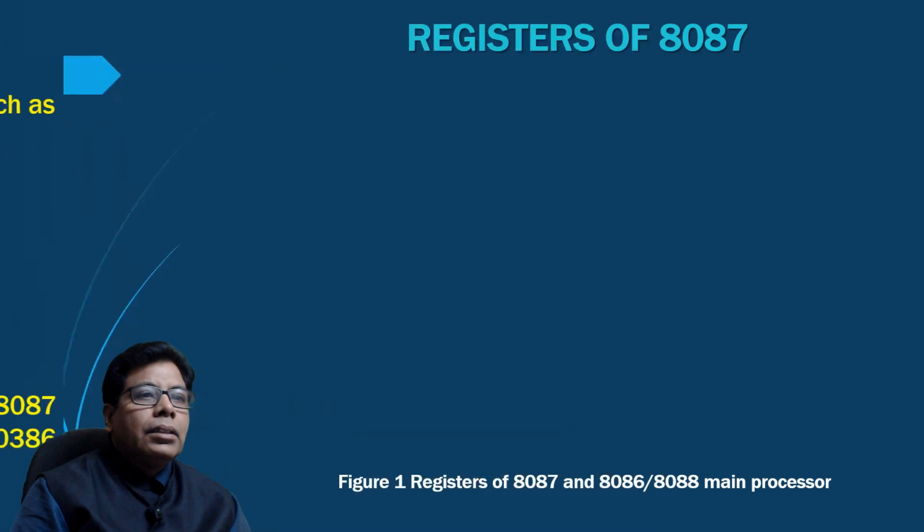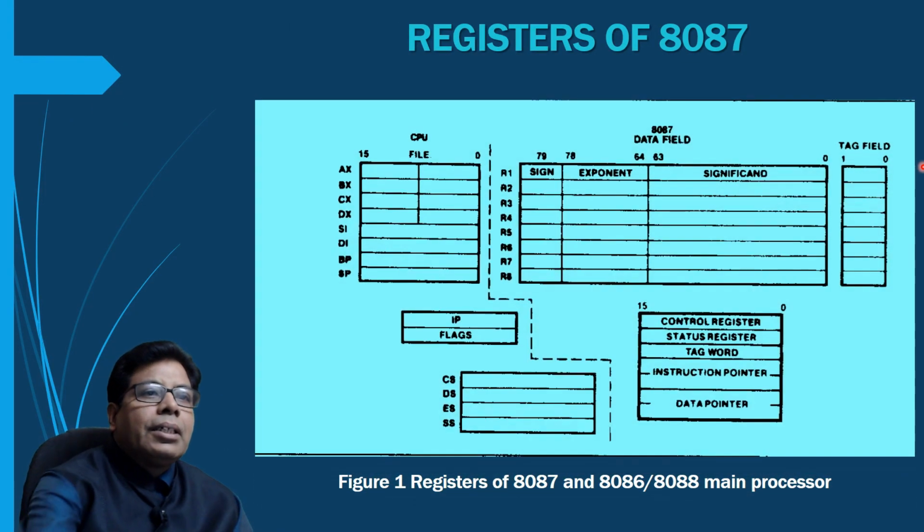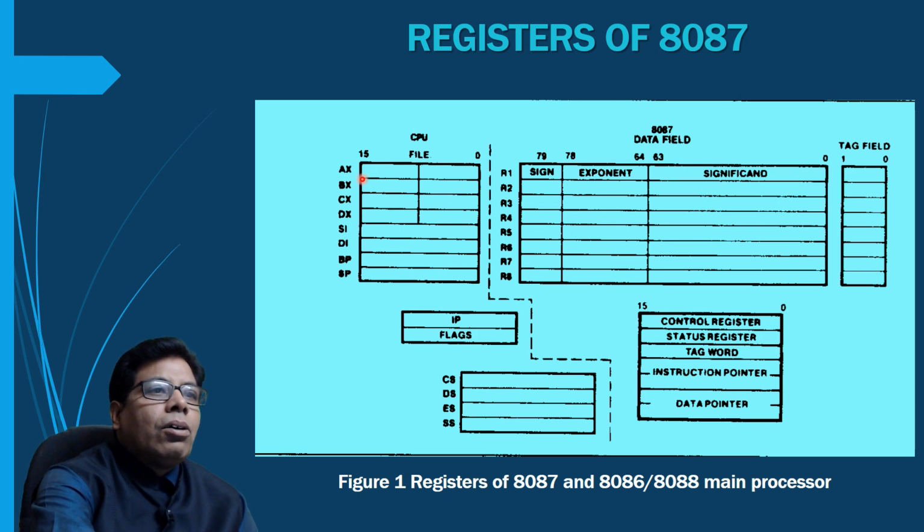Let us see the figures. So here you can see the registers of the CPU, that is 8086, 8088. All the registers are present here: AX, BX, CX, DX, SI, DI, BP and SP. Then IP and flags are there, and the 4 segment registers are present, and these are the registers of 8087.